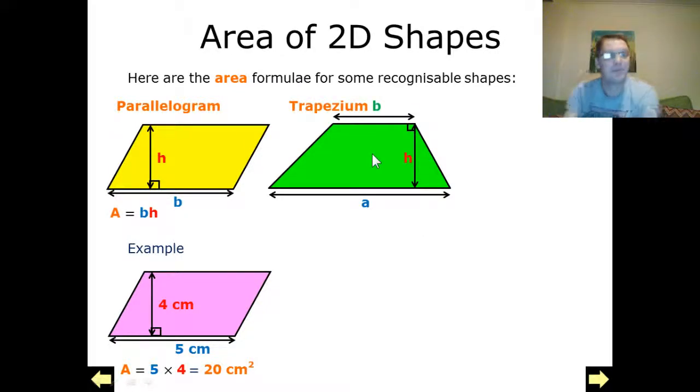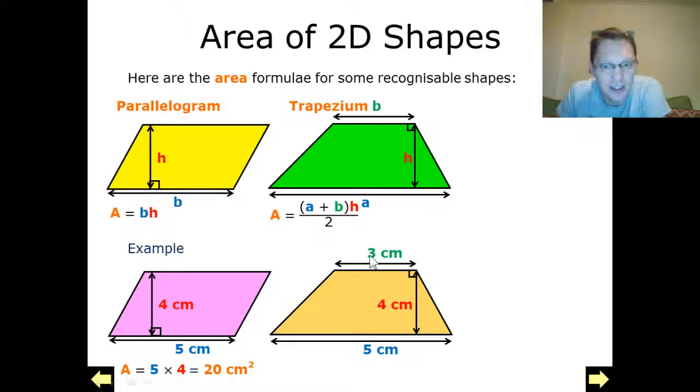A trapezium, as many of you may know, has two parallel lines where one line is not the same size as its opposing side. I've labelled the top side as B, the bottom side as A, and we've got the height. What we're going to do is take our two lengths and add these two together, then halve it, and then multiply by the height.